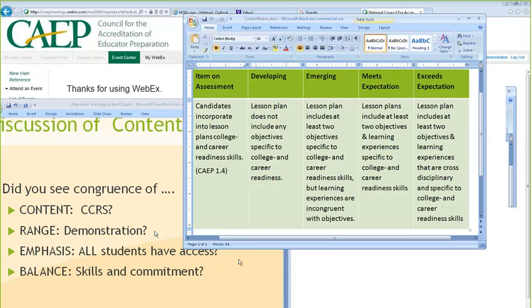Can we see where they're affording all students access, where there's an intention to look for access of all students? And do we see skills as well as commitment here? That was part of what was intended by the component, skills and commitment.